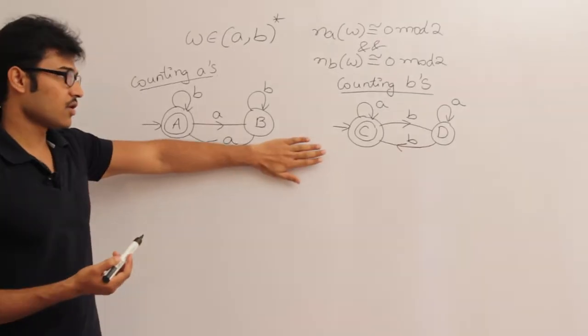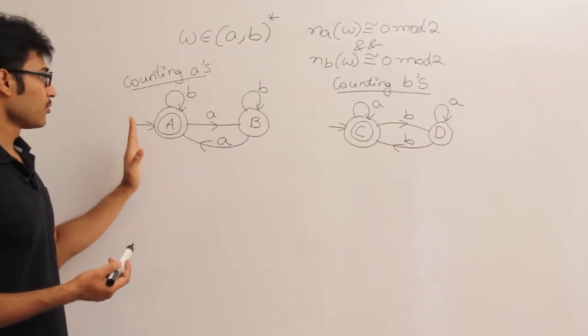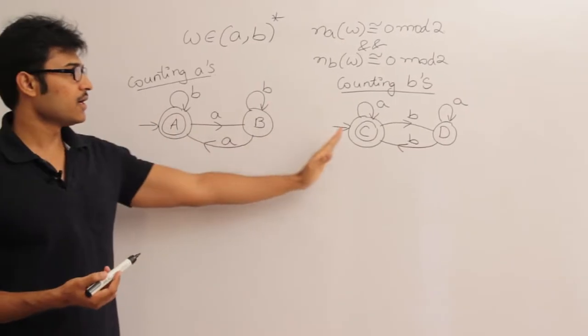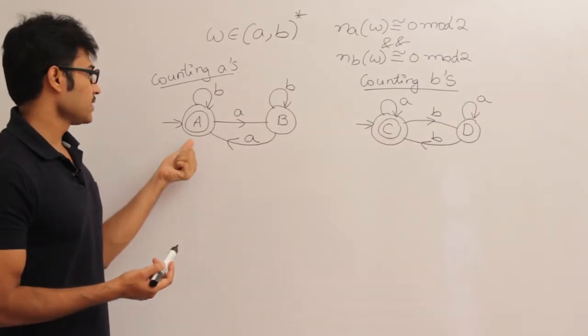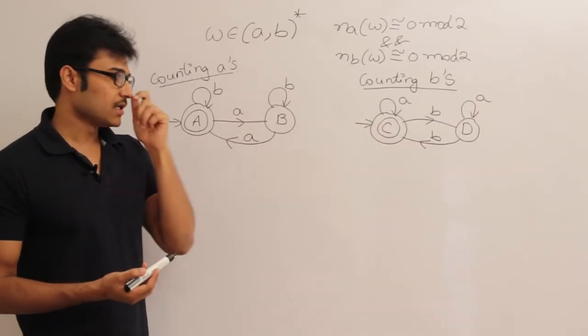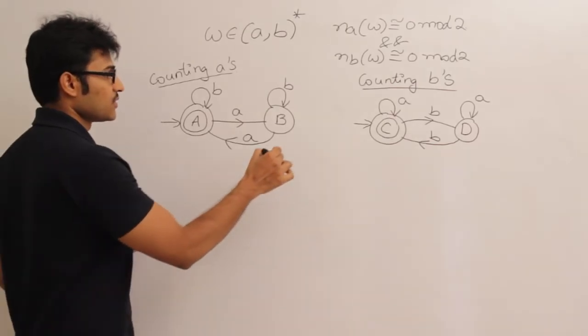So let me discuss the cross product method now. In the problem there are two independent DFAs, and in the first one the initial and final state is A and the other state is B. The cross product method goes like this.